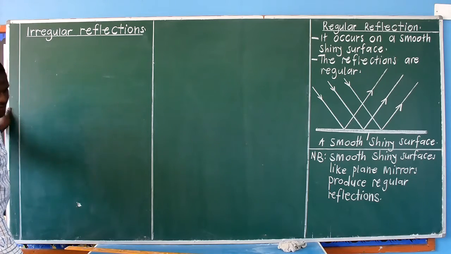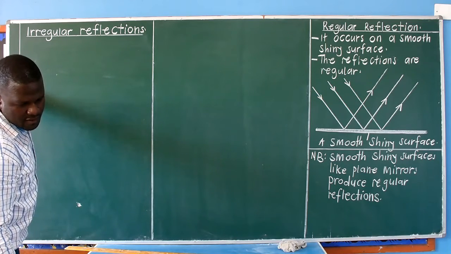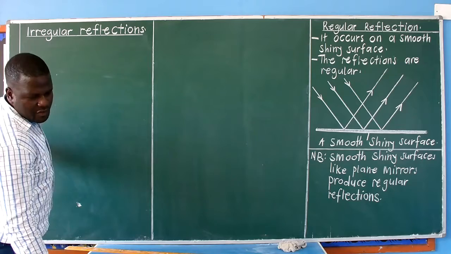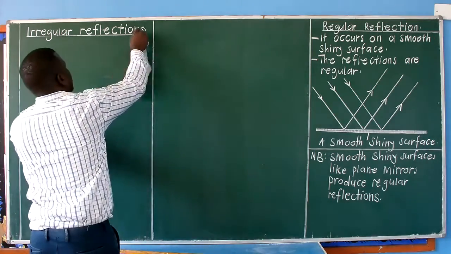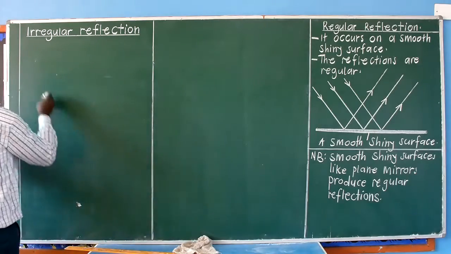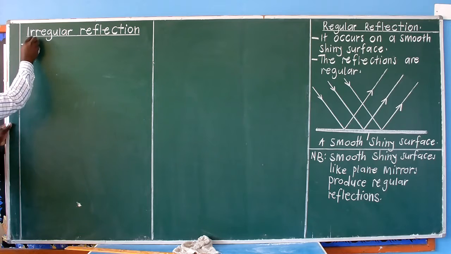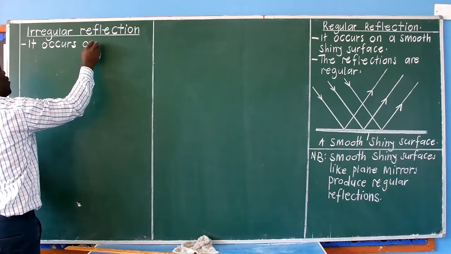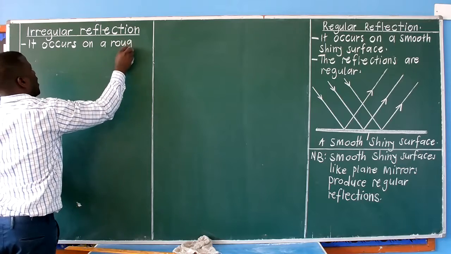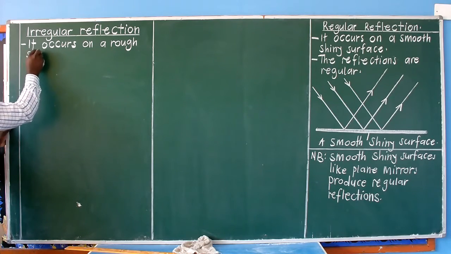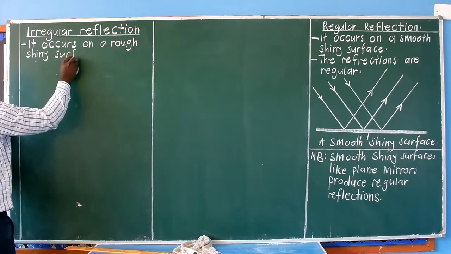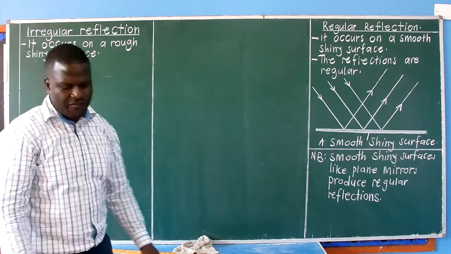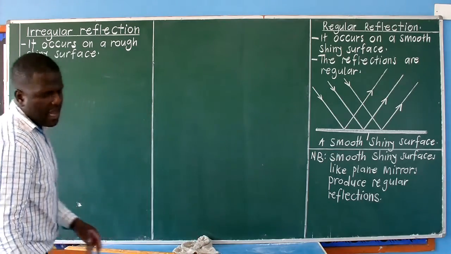They occur on rough, shiny surfaces. It occurs on a rough, shiny surface, and the reflections are irregular.